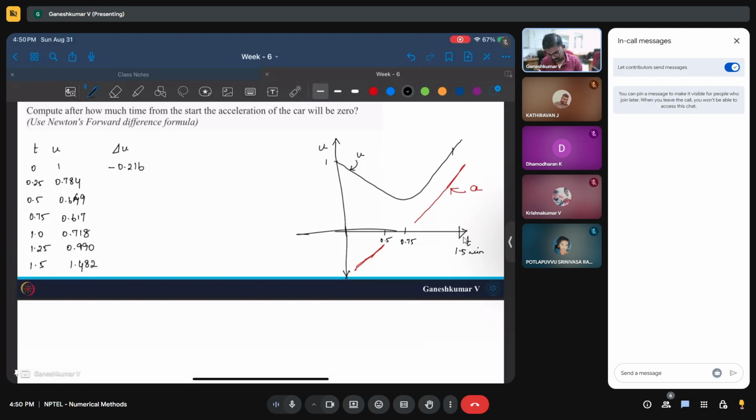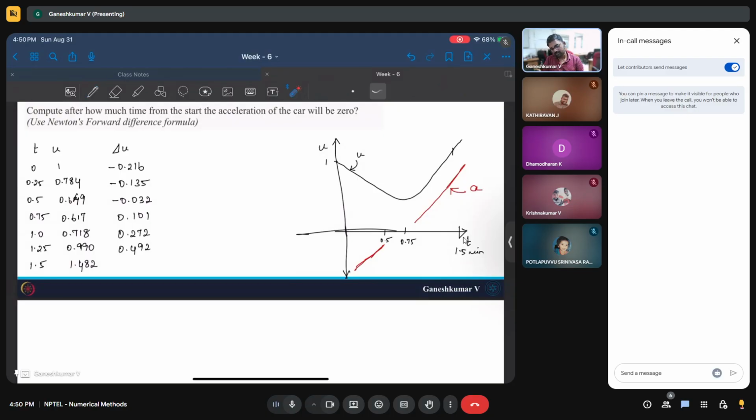This is 0.649 minus 0.784, minus 0.135. 0.617 minus 0.649, minus 0.032. 0.718 minus 0.617, 0.101. 0.99 minus 0.718, 0.272. 1.482 minus 0.99, 0.492.